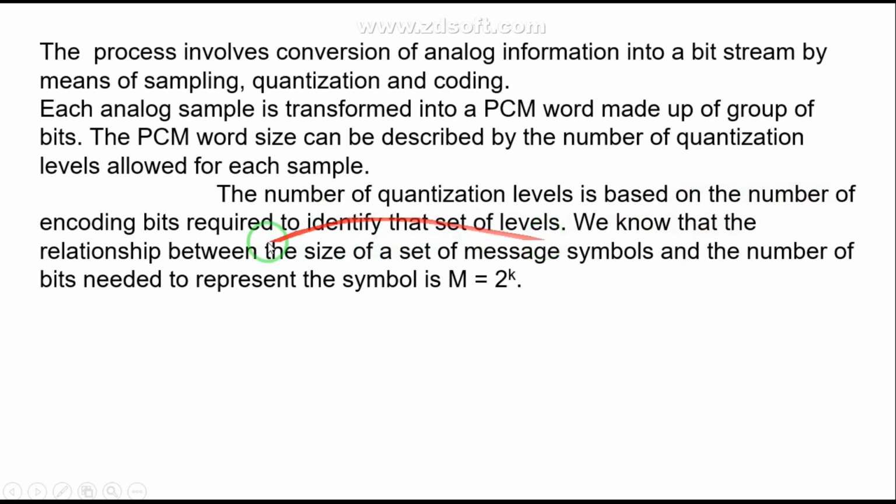We know that the relationship between the size of a set of message symbols and the number of bits needed to represent the symbol is M equal to 2 raised to k. If k equal to 1, then M equals two possible values, 0 and 1. And if k equal to 2, then M equals what? 4. It could be 00, 01, 10, 11, like that.